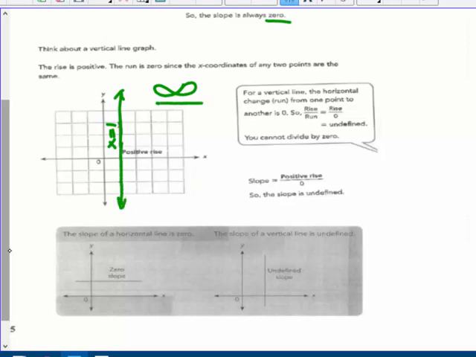But my run doesn't change. 1 minus 1, because x is 1, x is 1, x is 1, x equals 1. You get 0 in the denominator. No, no, no. So we call that, remember, undefined. That's a slope that is undefined.